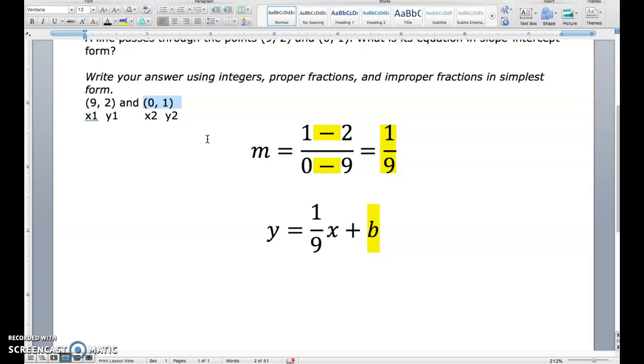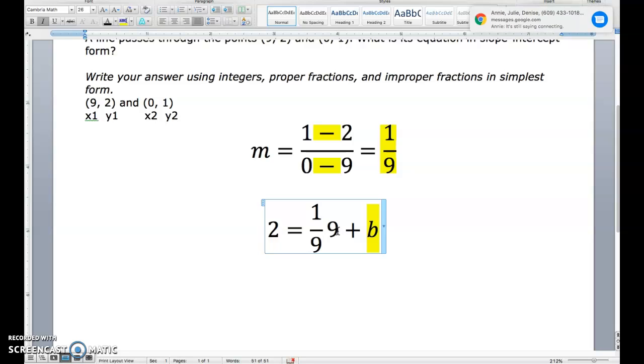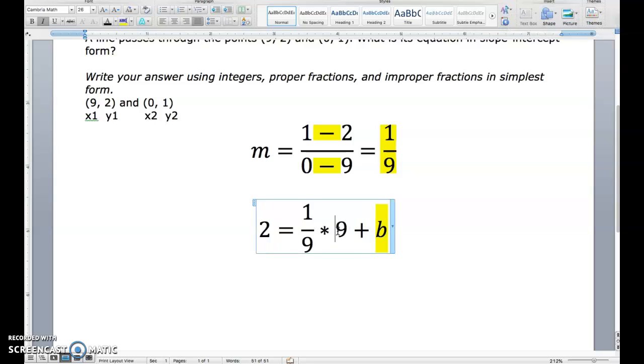So I'm going to pick 9, 2. So 2 is my y value. 9 is my x value. So 2 equals 1 over 9 times 9 plus b. All right.